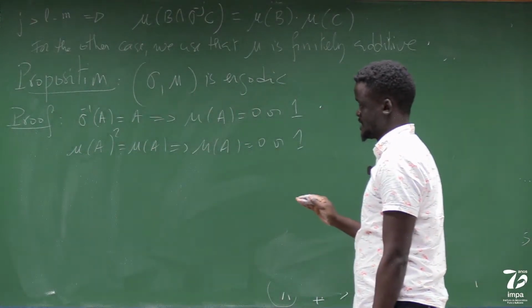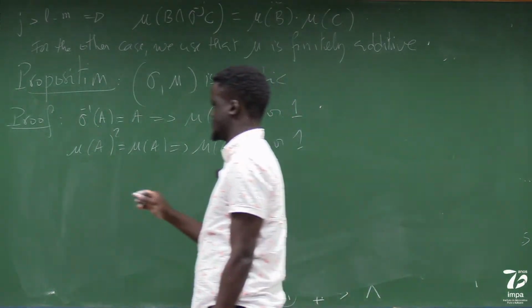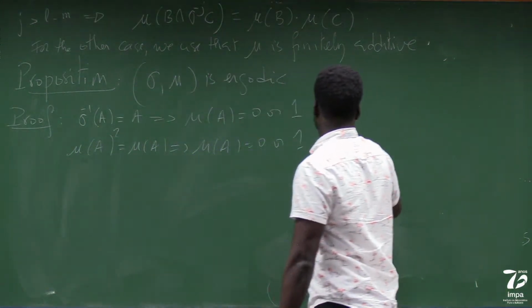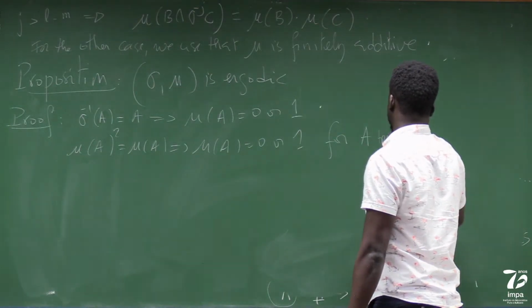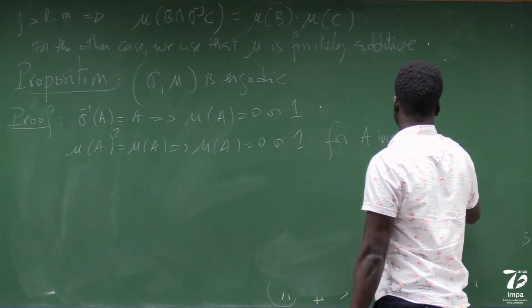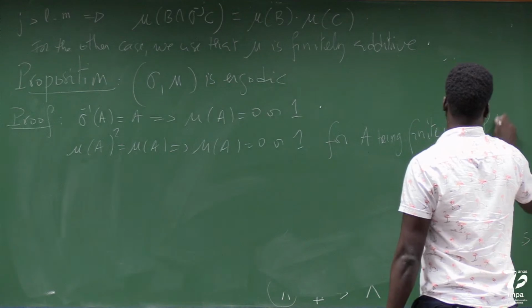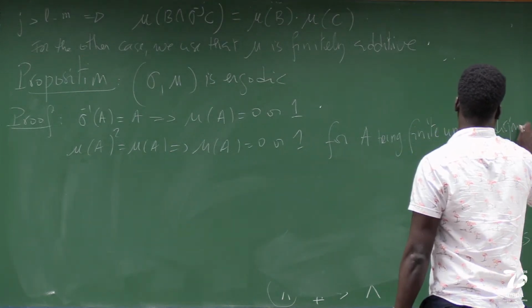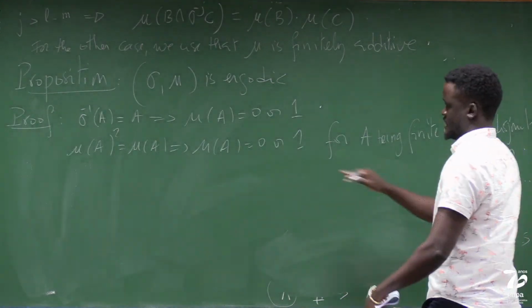So for A being a finite union of disjoint cylinders, you can use the previous proposition to have this.